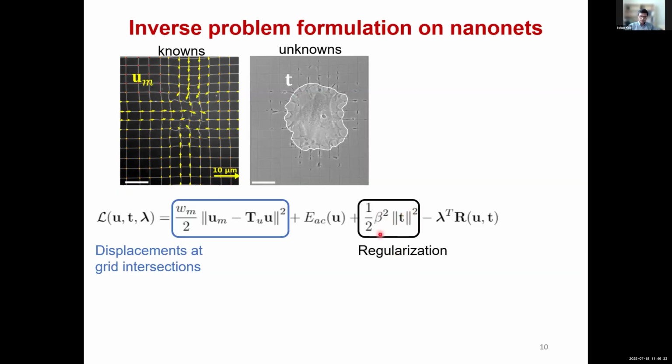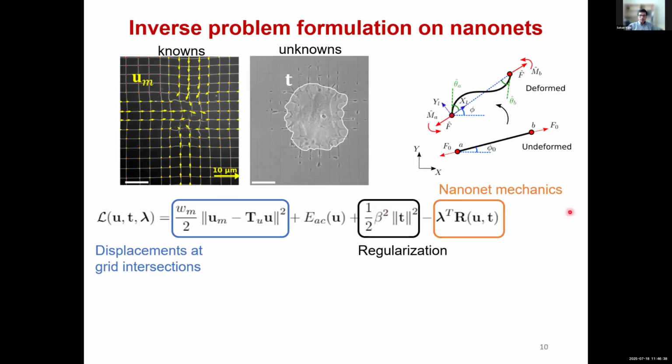We add regularization through this regularization parameter beta. We also impose that the deformations created are not arbitrary, but should come from the underlying mechanics of the nanofibers, which we model as co-rotational beams that can undergo large displacements but small strains.